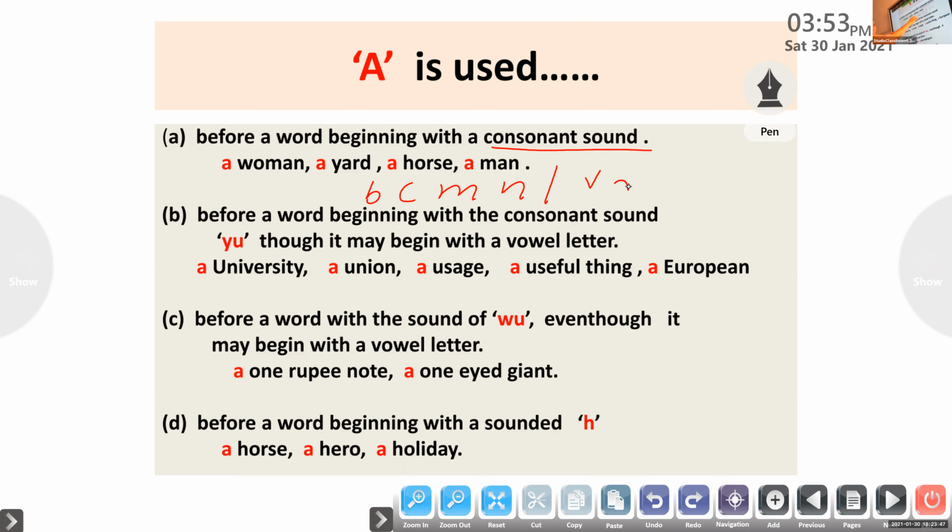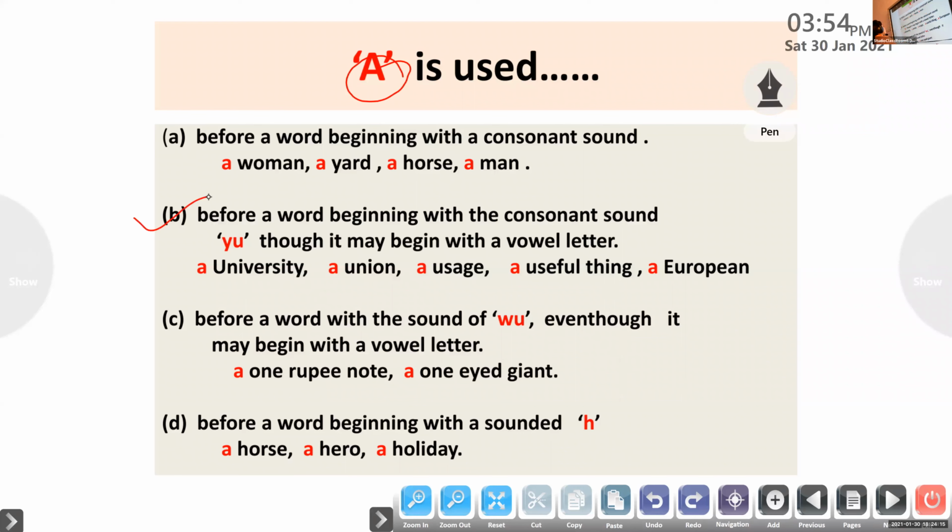Before all these sounds we must use article A. So: a woman, 'w' sound; a yard, 'y' sound; a horse, 'h' sound; a man, 'm' sound. All these begin with a consonant sound, so we have to use article A before them.